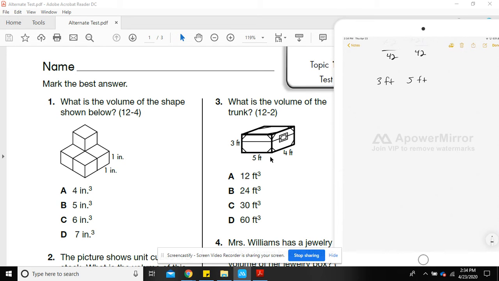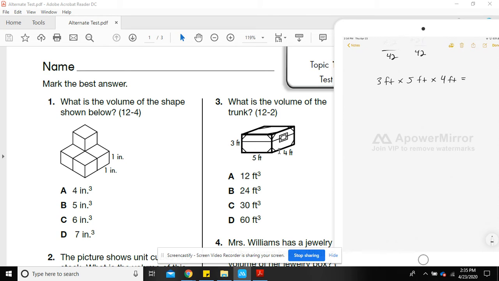And then our length is going to be 4 feet. So as you learned, when finding the volume of a rectangular prism, we have to multiply our length times our height times our width. We're going to take all of these numbers and just multiply them to find our answer. I like to break it down.